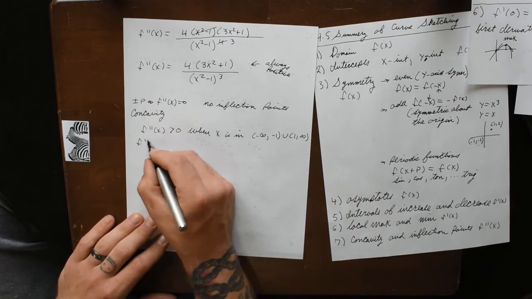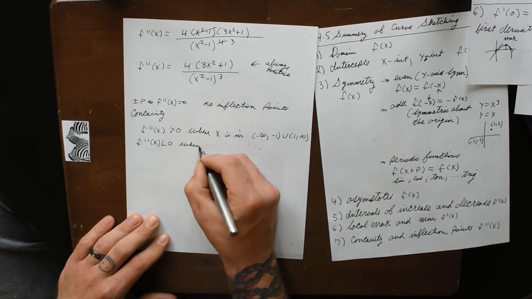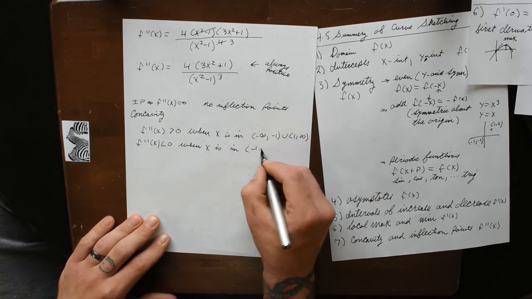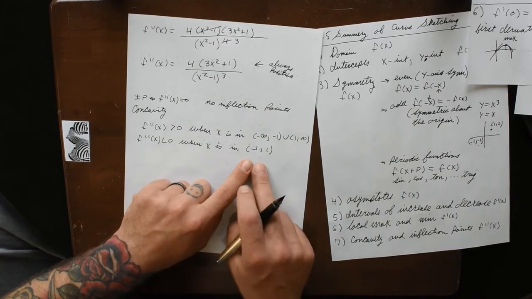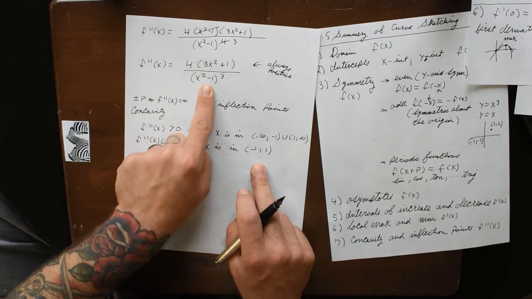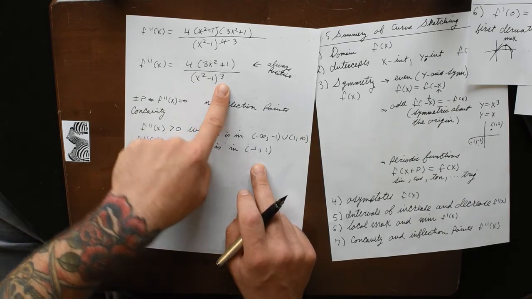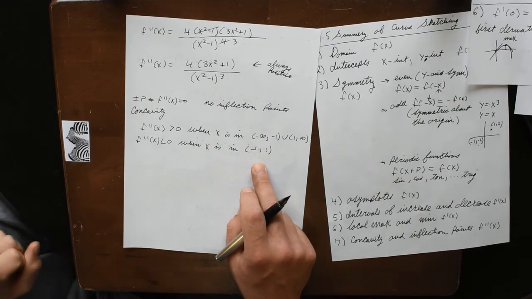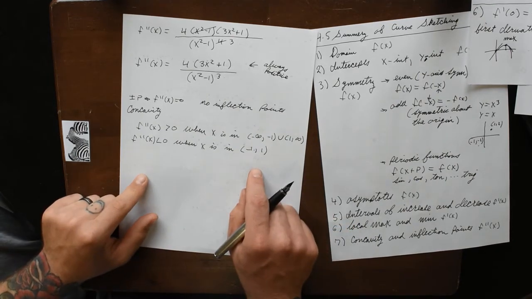And f double prime of x is going to be less than 0 when x is in -1 to 1. So for any of those values, let's say a half that's in here, a half squared is a fourth, take away 1 is -3/4, cubed is -27 on 64. So there we go.